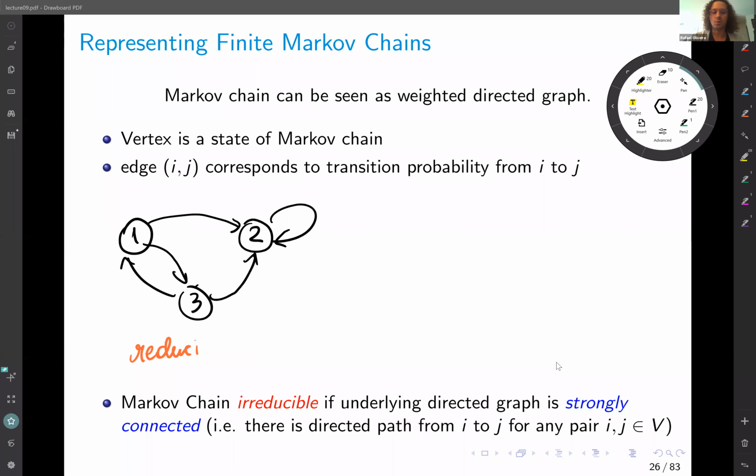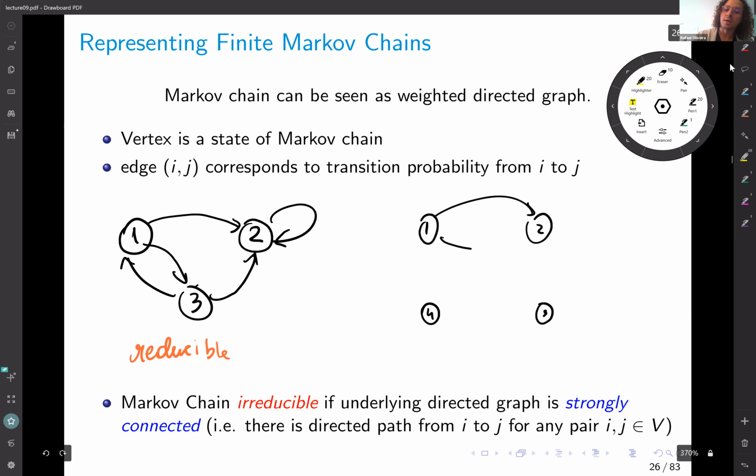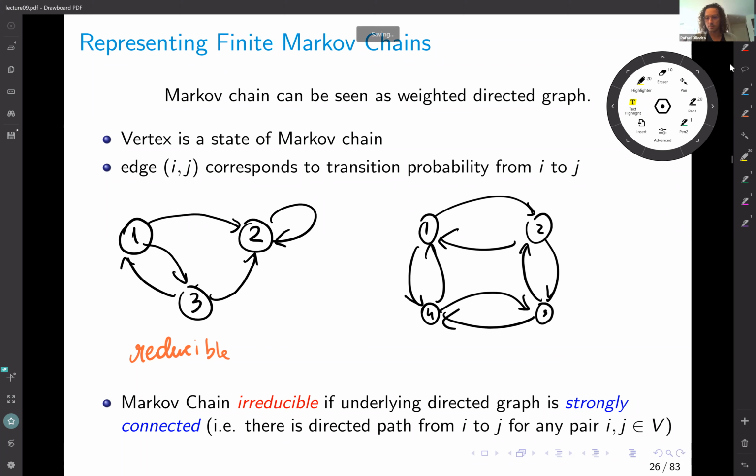Right. So this is reducible. But another one that we saw that was irreducible was the random walk 1, 2, 3, 4. The random walk that we drew before is strongly connected, because you can just take a cycle one way, a cycle the other way, and that covers everybody.